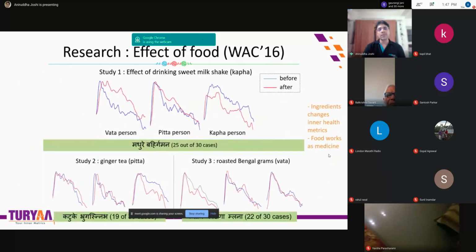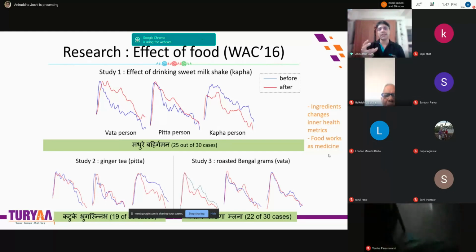Few more slides I'm going to show. Yesterday Tejaswini ma'am showed one particular slide on how food works as a medicine. We already know that, but this experiment was more of a study: in Pune we get mastani, a sweet milkshake along with ice cream.